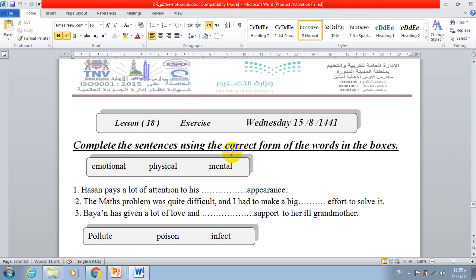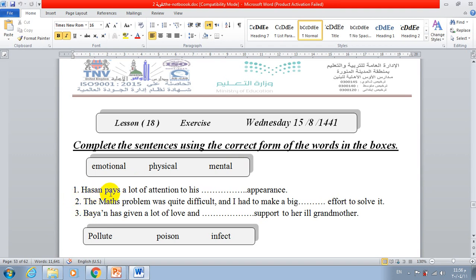Complete the sentences using the correct form of the words in the boxes. The first box: emotional, physical, mental. And I told you before what is the difference between these words. Okay, let's read the questions to choose the right word to complete the sentences.